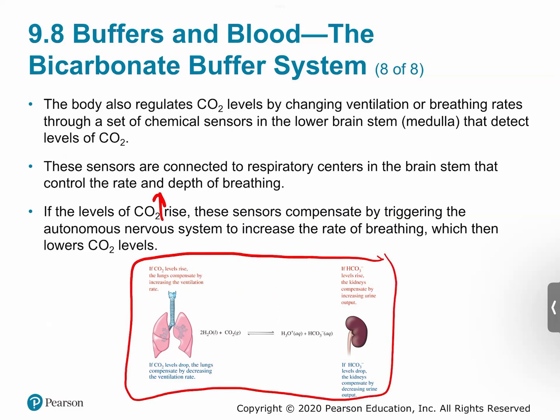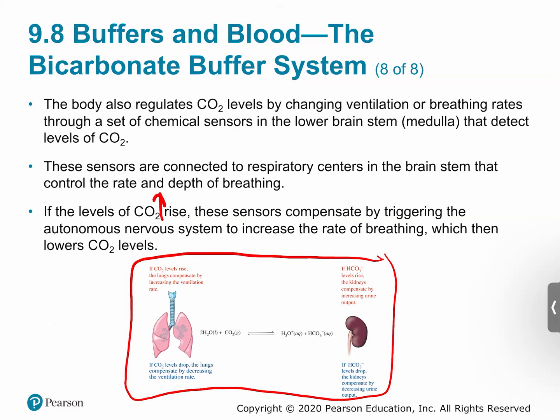So you have this reaction that happens right here. You can see if the CO2 levels rise, the lungs have this compensation response, increasing the ventilation rate. And if CO2 drops, the lungs compensate by decreasing the ventilation rate. All right.